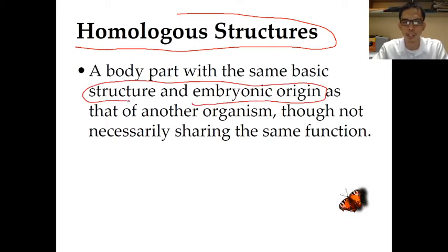The structure has a particular similarity in embryonic origin. When they were a fetus, those structures almost had the same origin. But it's a matter of how the animal uses that particular structure that makes it different in function. That's the homologous structure.